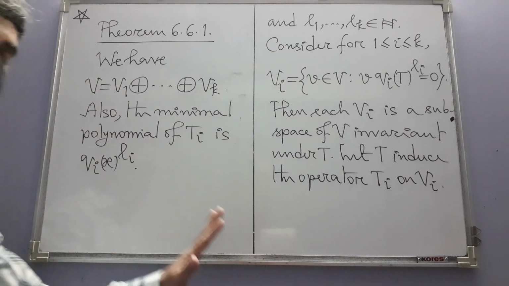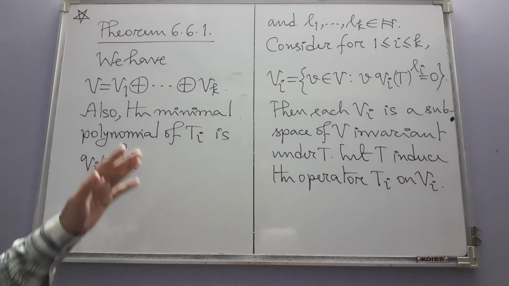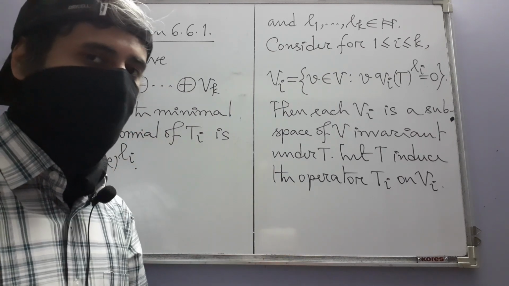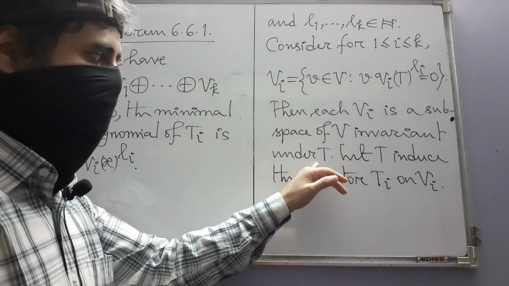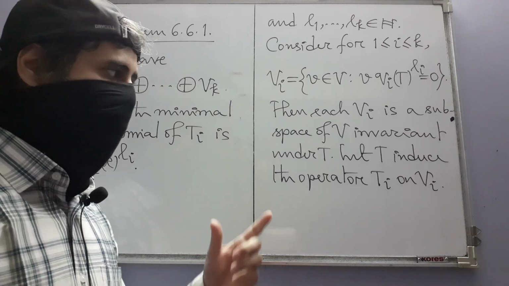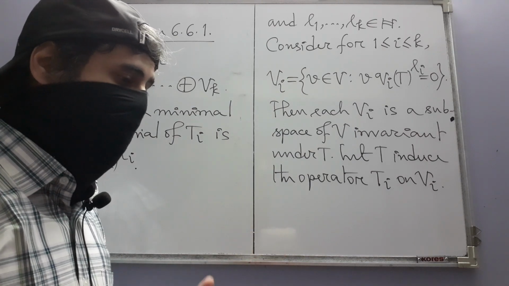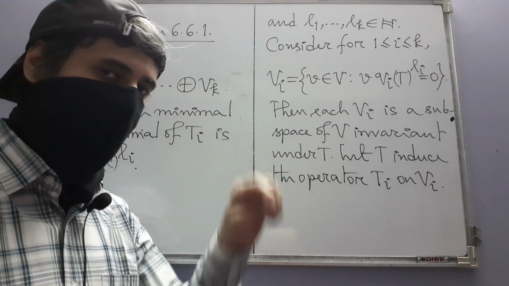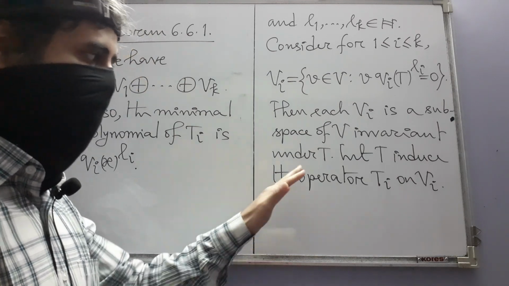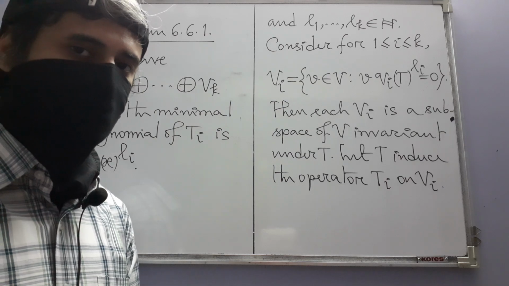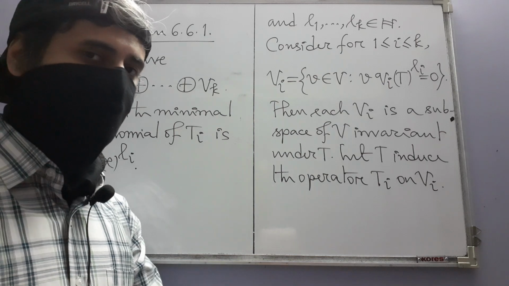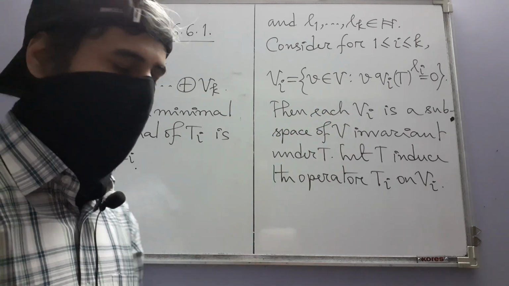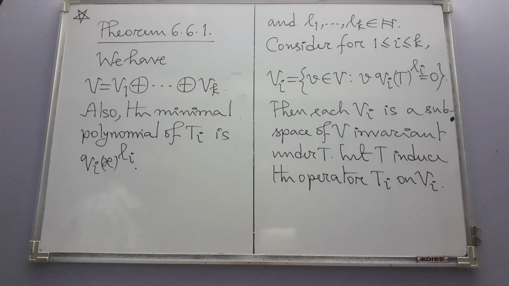Okay, so this is where we are right now. Now, this entire thing is very general in the sense that T is just any linear operator on V. We have not imposed any restriction on T whatsoever. But what will now happen if, say, all the characteristic roots of T lie within that underlying field F? In general, that's not the case. You have already come across many operators, some of whose characteristic roots don't exactly lie in the underlying field but lie in some extension of that field. But say that happens, then what can we say about this theorem?